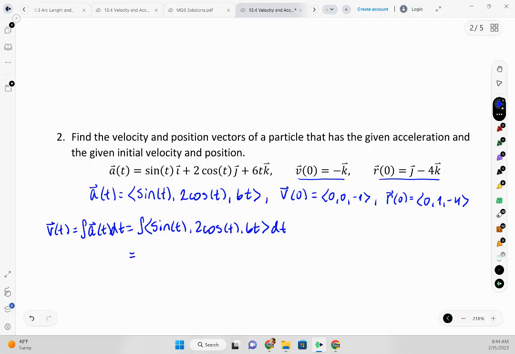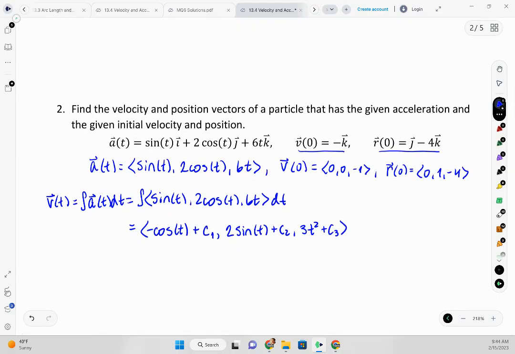In my first component, the antiderivative of sine is negative cosine of t, but this is an indefinite integral, so I need a constant of integration. I'll call it plus c1. In my second component, I have 2 cosine t. The antiderivative is 2 sine of t plus c2. And then the antiderivative of 6t will be 3t squared plus c3.